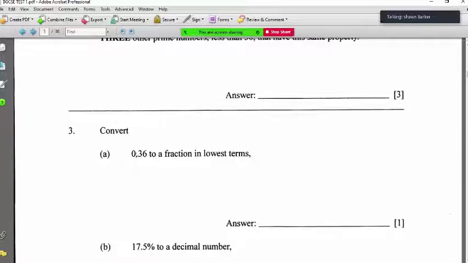I move this decimal place 2 digits to the right, or you move it however many digits to the right until you get a whole number. So in this case, if I move this decimal place 2 digits to the right, I get 36.